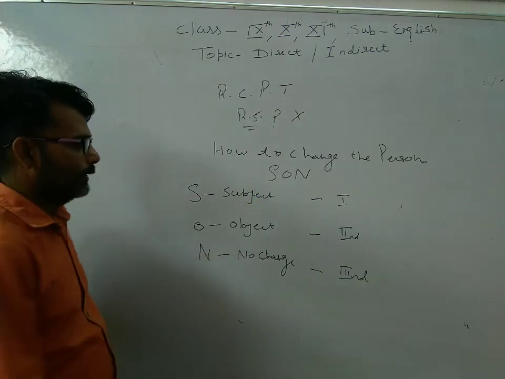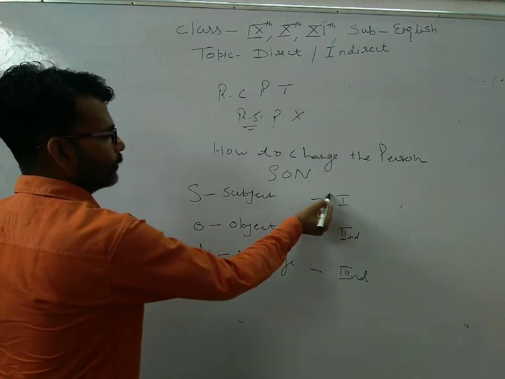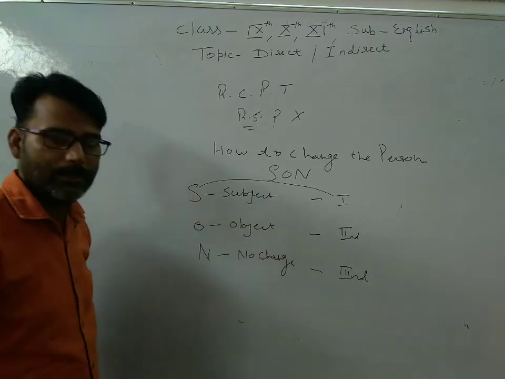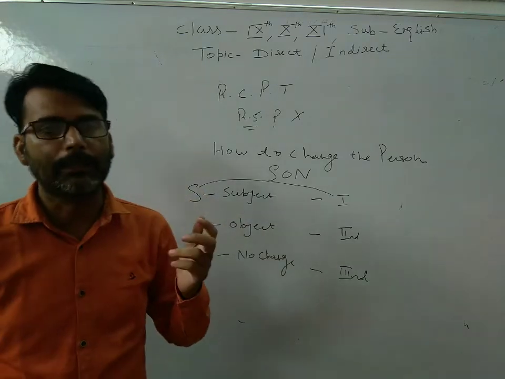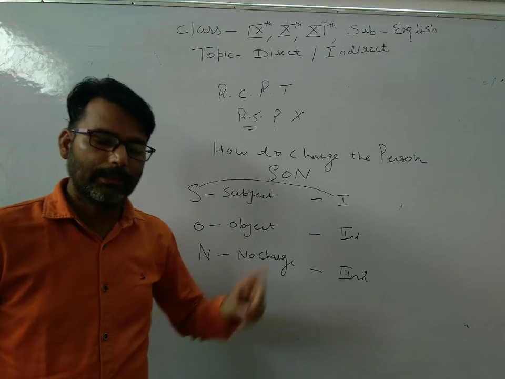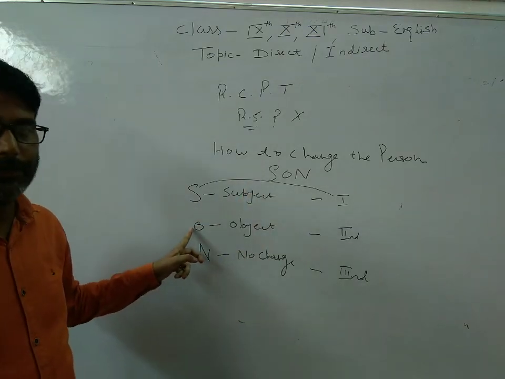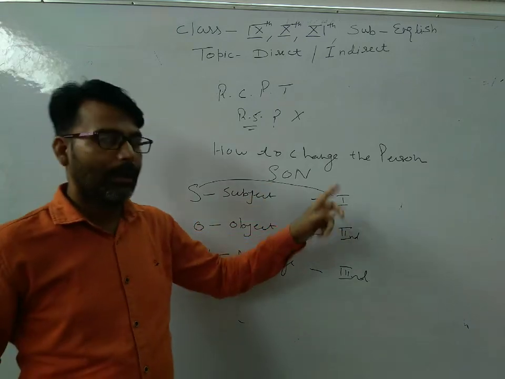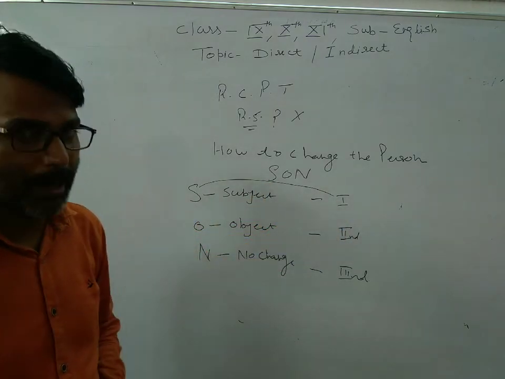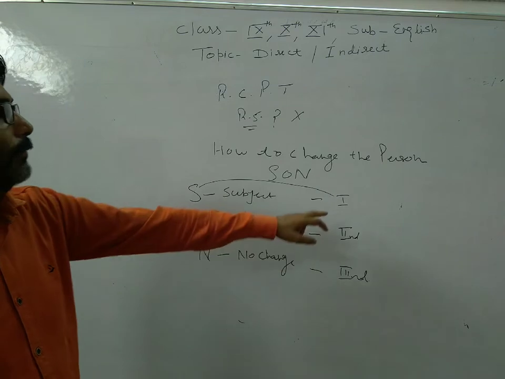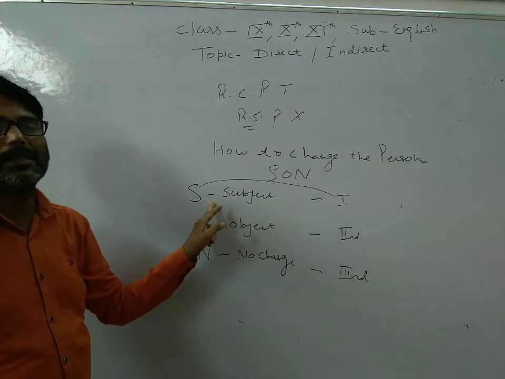So what does the rule tell us? This rule tells us that the first person will change into the subject who is speaking. That's why in the starting I told you about the subject and the object. So the first person, I, we, me, my, us, our, will change into the subject who is speaking.